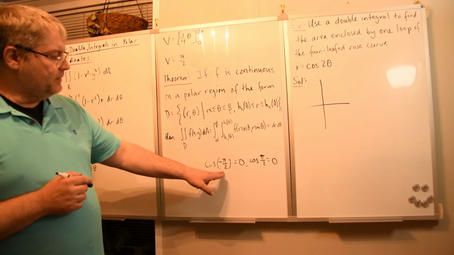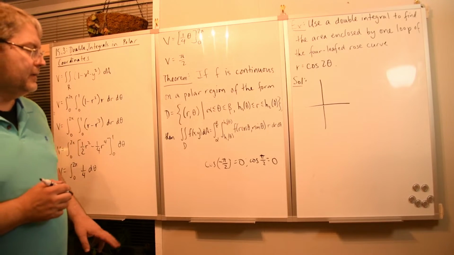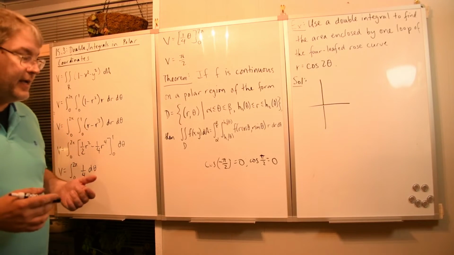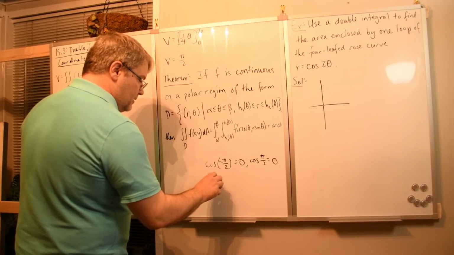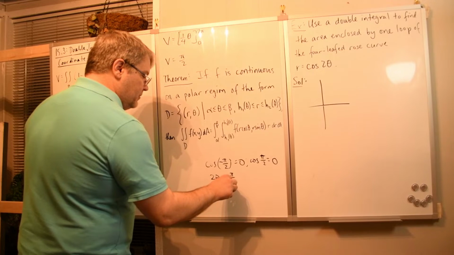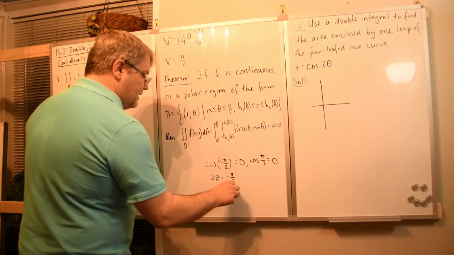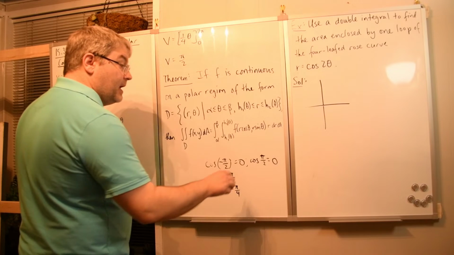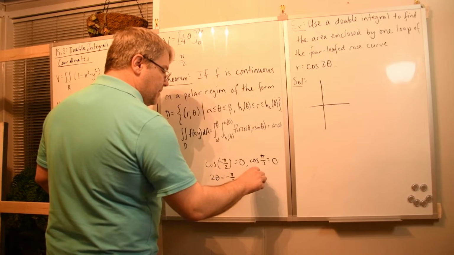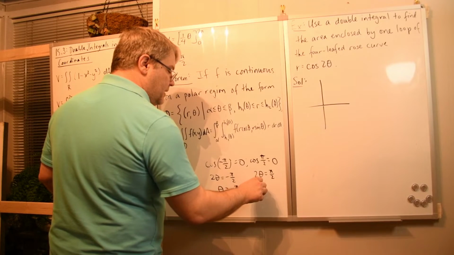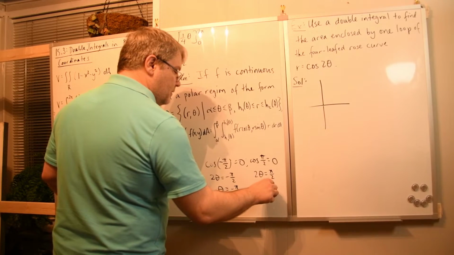But imagine what happens if 2 theta is negative pi over 2. That's going to mean theta is negative pi over 4. And what's more, if you take a look at 2 theta being pi over 2, then theta is going to be pi over 4.